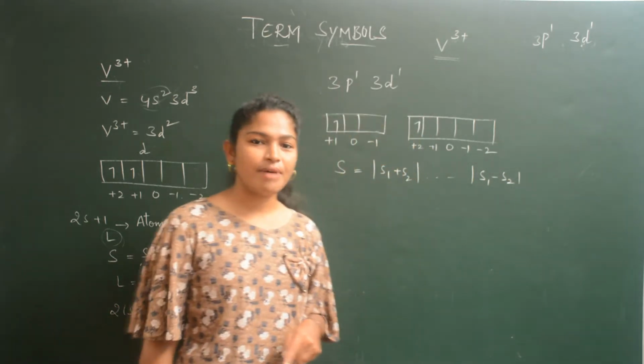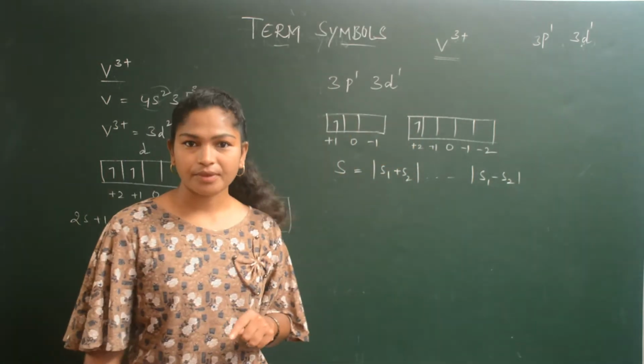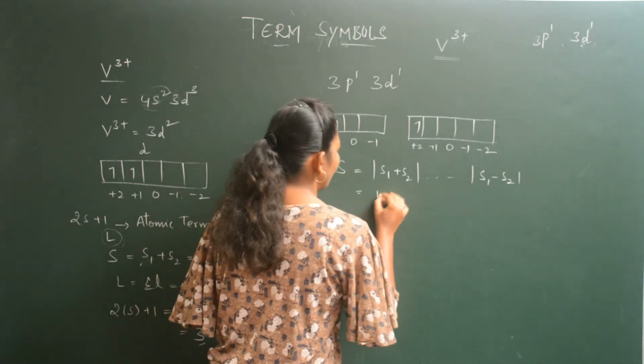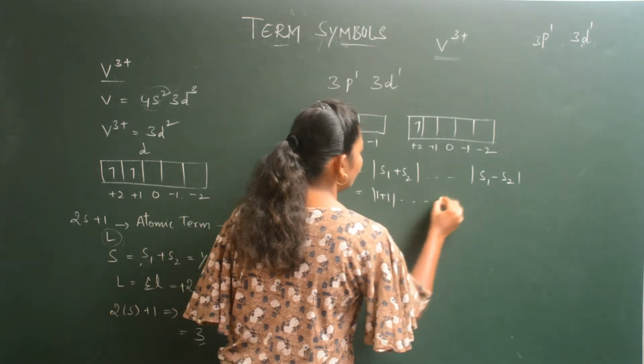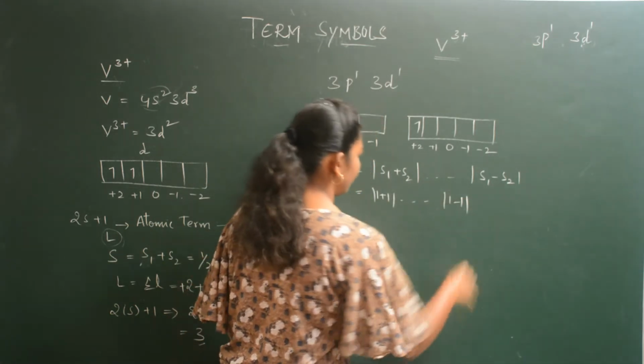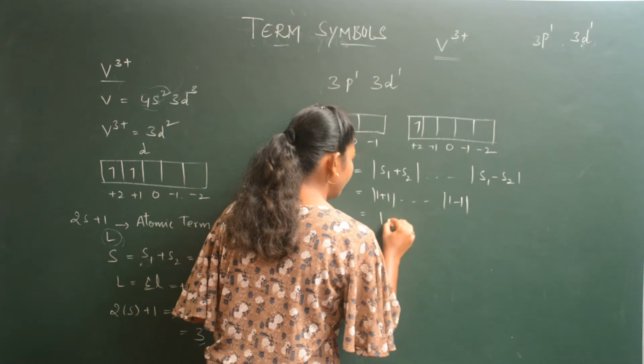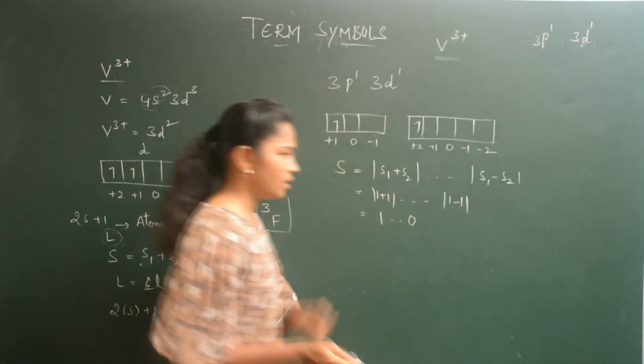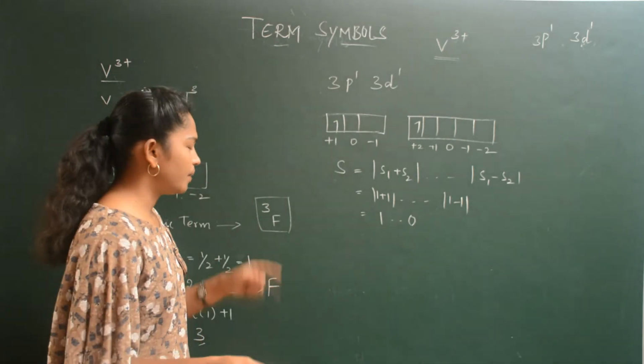These are the possible values for spin. Only 1 electron each is there, so 1 plus 1 to 1 minus 1. Now 1, 0. So 1 comma 0 you got. That is about the spin.